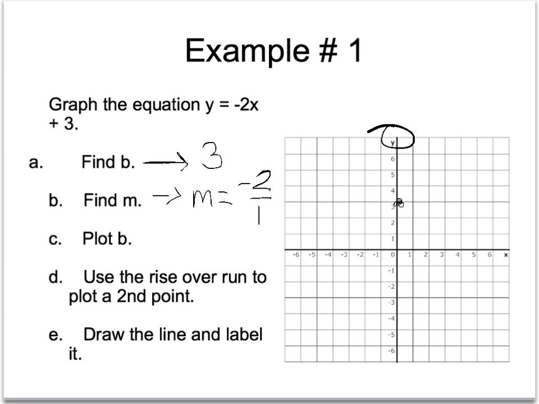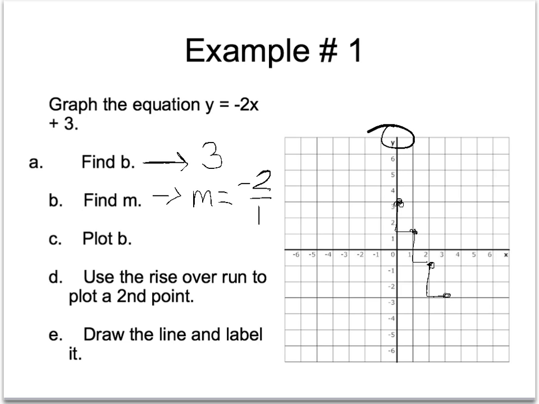So we have negative 2 over 1. I got ahead of myself here where I plotted b already, and now I'm going to use the rise over run to plot my second point. And since it's a negative 2, we're actually going to go down 2 over 1, and every time we've done down 2 over 1, we can plot a point.